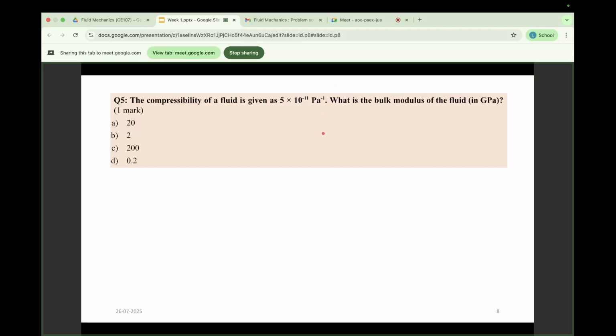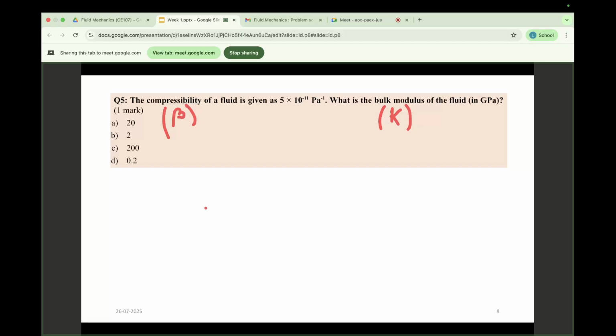As I have said, compressibility measures how easily a fluid volume increases or generally decreases with pressure. So I represent this compressibility as beta and the bulk modulus as K, some people also represent it as kappa.